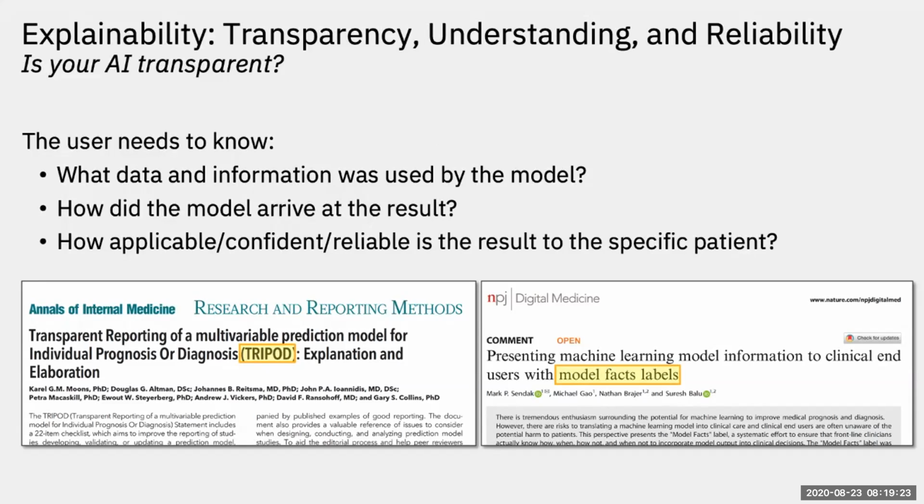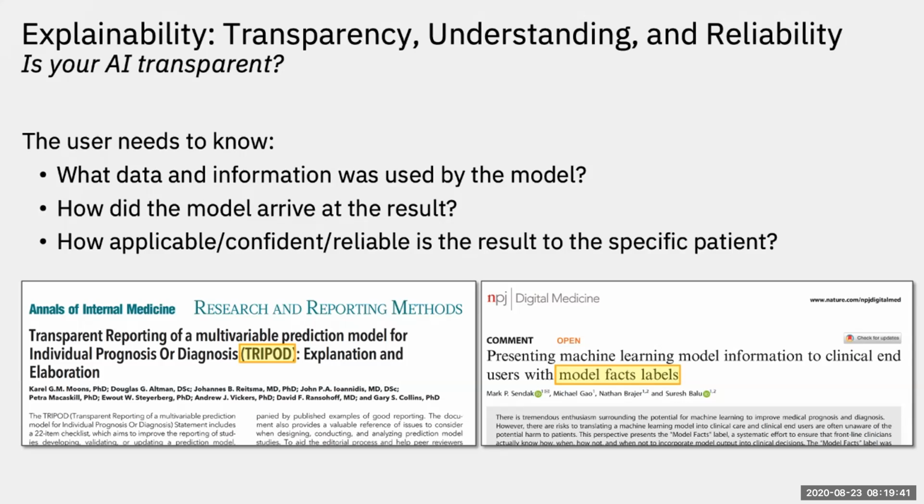Later in the tutorial, my colleagues will discuss a number of methods and approaches related to various aspects of explainability. Here, I just wanted to highlight two proposals that are steps in the right direction to improve explainability of AI models.